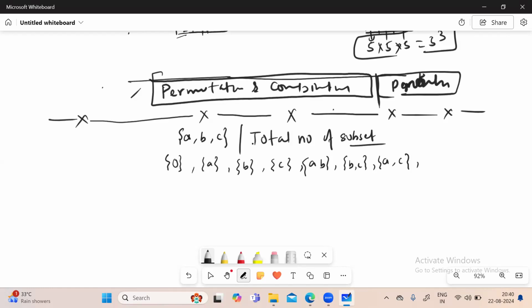And then there will be a subset which will have all the elements of the set. So the total number of subsets will be 8. So it was very simple to visualize here.